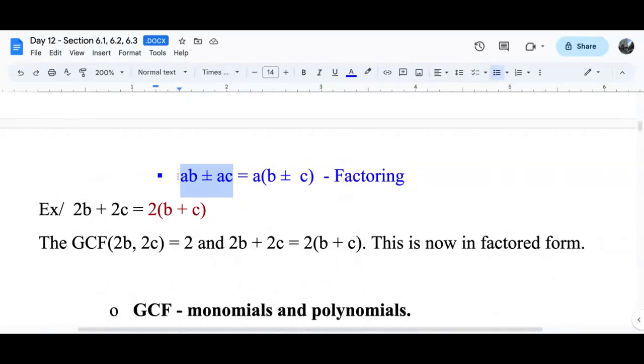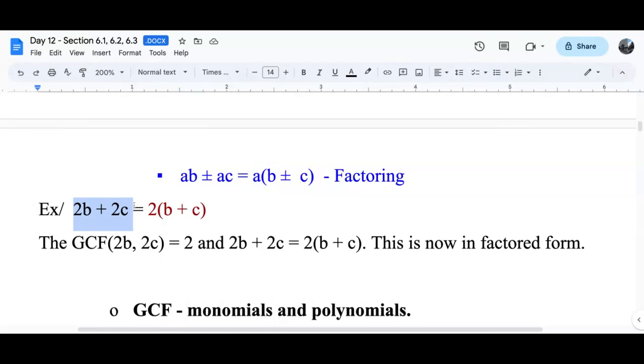If we have ab plus or minus ac, we see a is a common factor of those two terms. This is a binomial. So a is a common factor of this binomial. So that means we can factor out a, then put parentheses around the rest. So a now becomes a common factor of b and c.